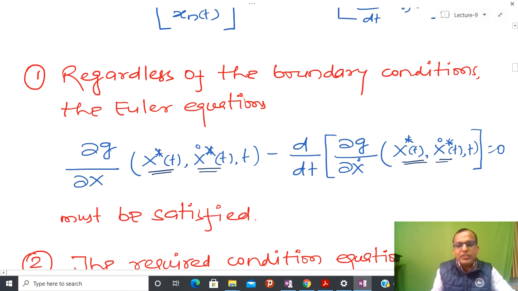So dou g by dou x1, similarly dou g by dou x2, similarly dou g by dou xn. So I have 2n differential equations coming into the picture by solving this equation whenever the functional contains more than one argument.